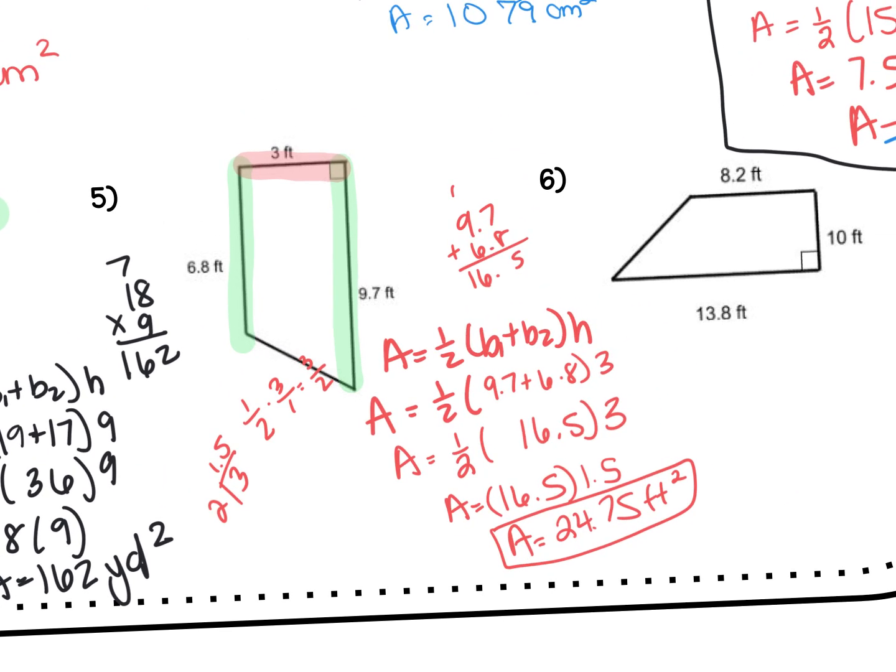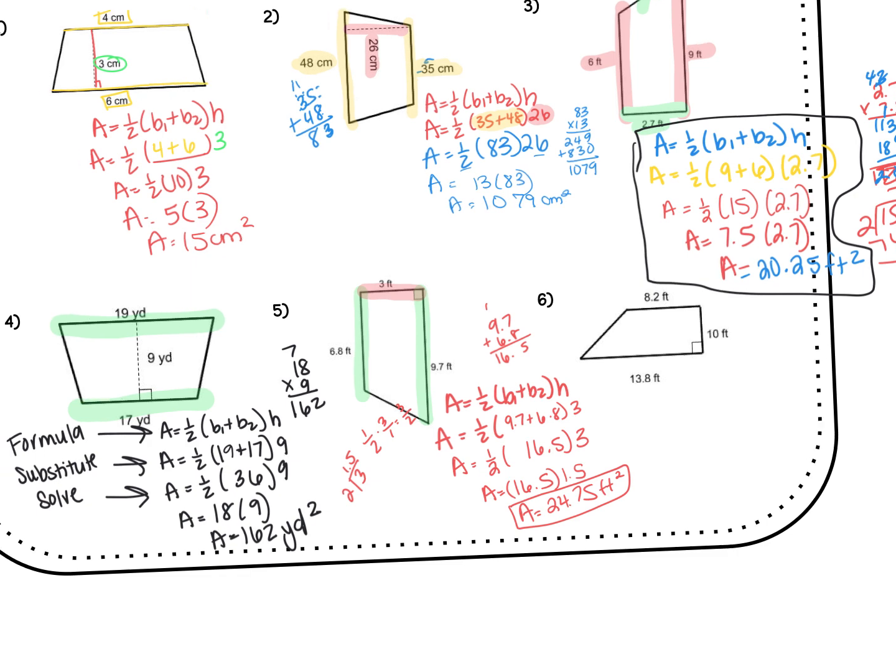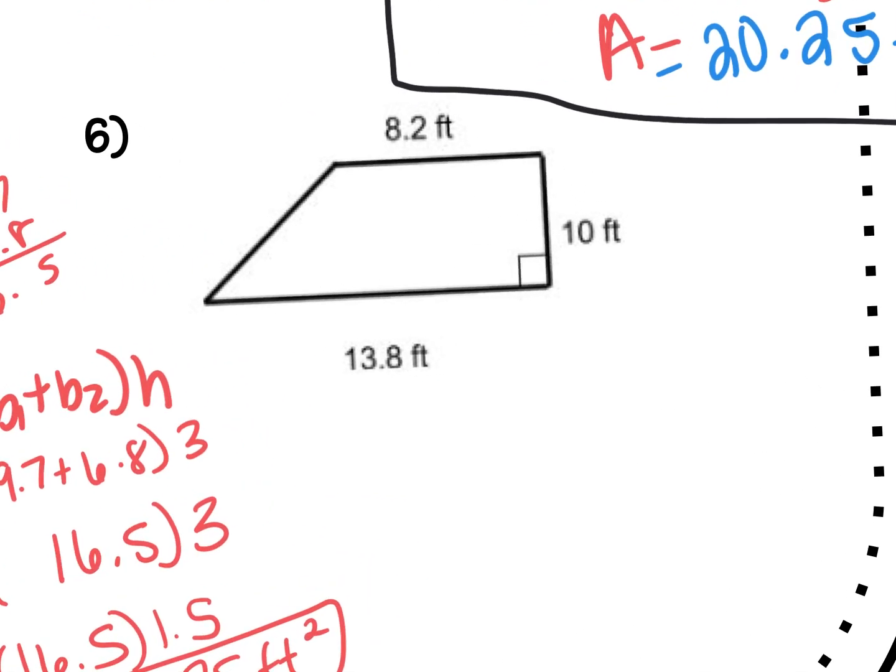Okay, so like I said, all the work is nice and pretty, so we're going to do the last one. Now the last one, you gotta identify your bases, and then area equals half base 1 plus base 2 times height.